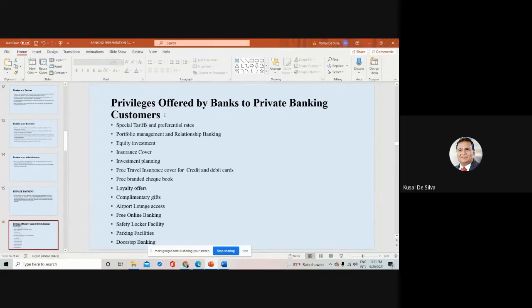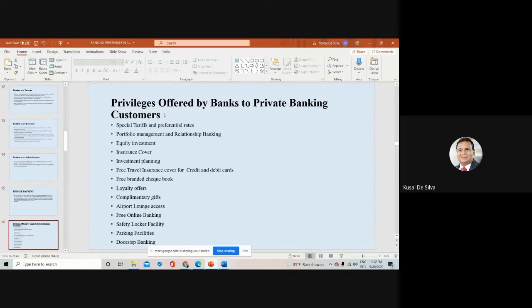Then you send complimentary gifts for their birthdays, sometimes dinner vouchers, different vouchers from hotels and supermarkets, then free airport lounge access. When they travel, they can go to the airport lounge and use the facility. Then free online banking and safety locker facility.